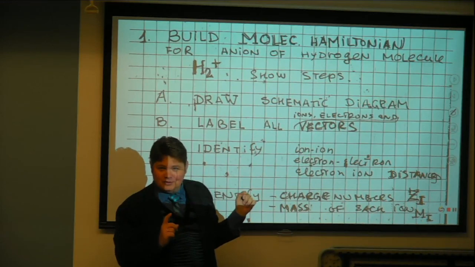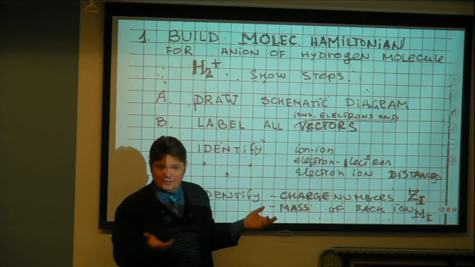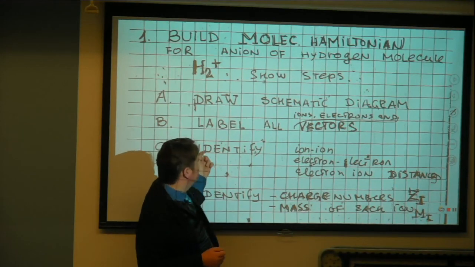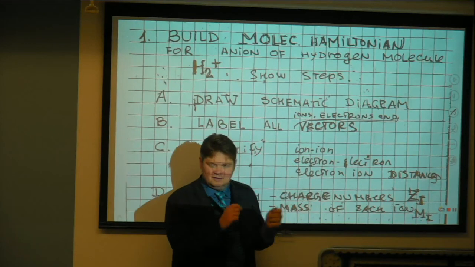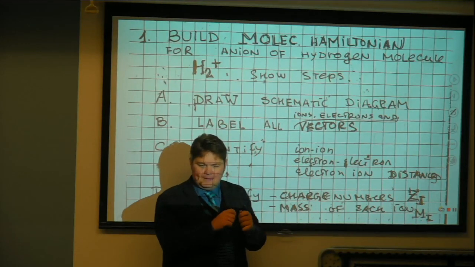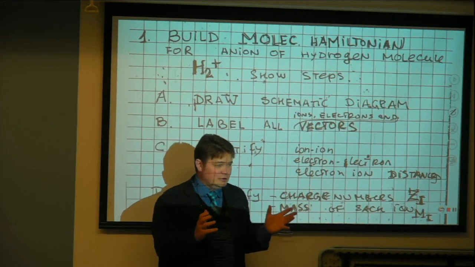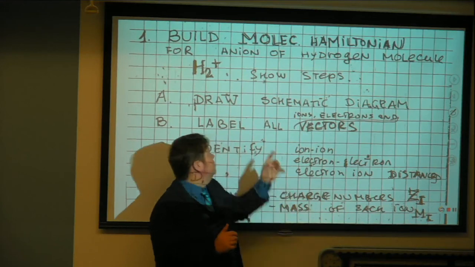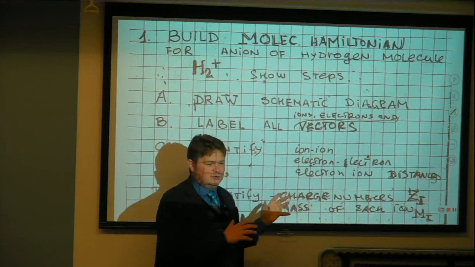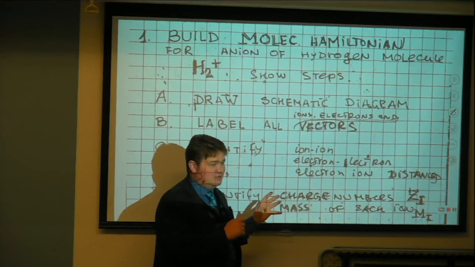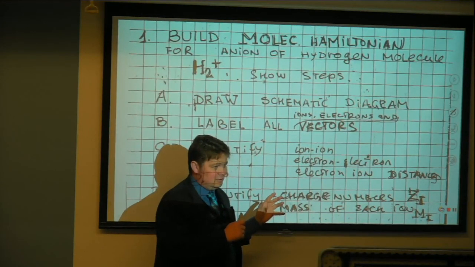You may want to draw a schematic diagram, same as you did in class, connect arrows, label, put vectors, and then identify the ion to ion, electron to ion distance, and basically write the molecular Hamiltonian. Since it is 1 electron less, you can just work from what we did in class and remove terms which are not needed. Right? That's quite doable.